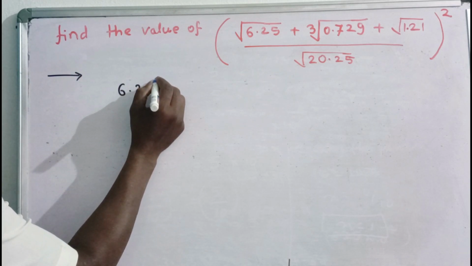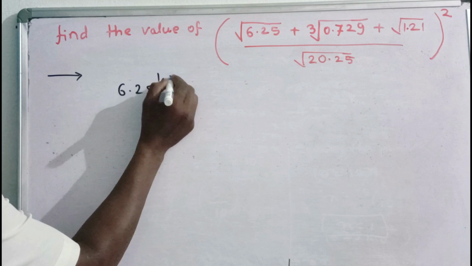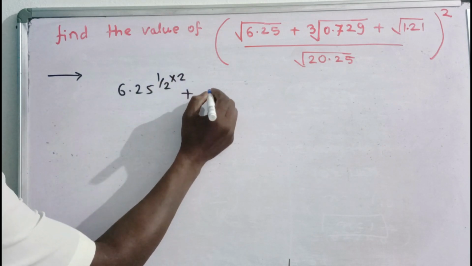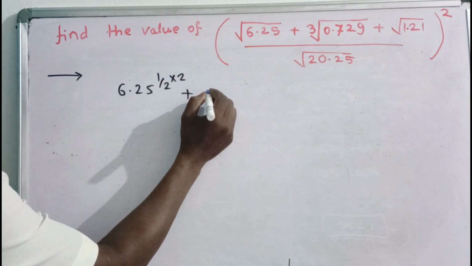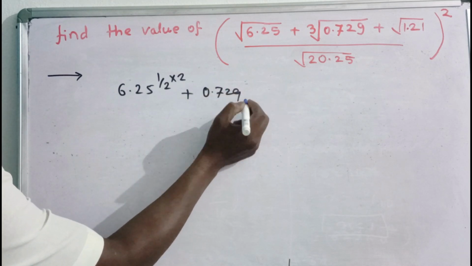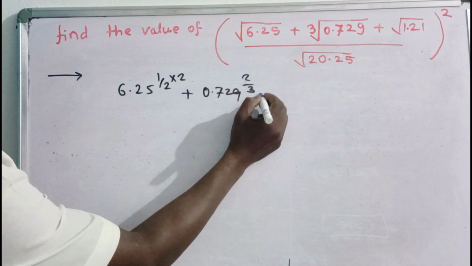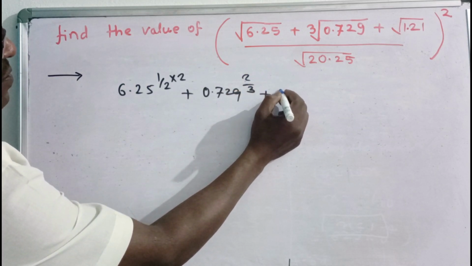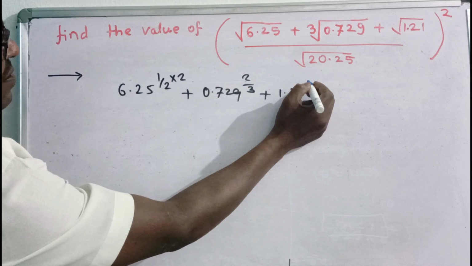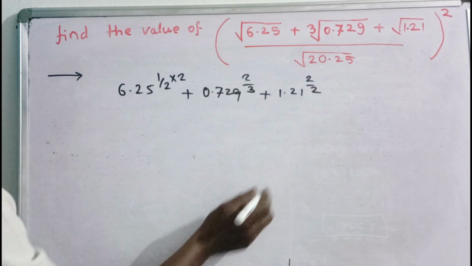6.25 to the power 1 by 2 into 2, plus 0.729 to the power 2 by 3, plus 1.21 to the power 2 by 2.